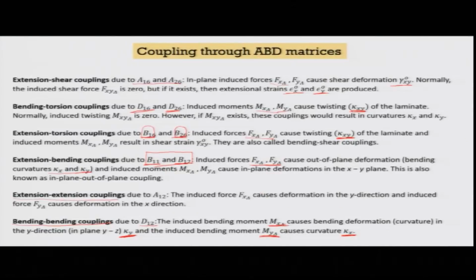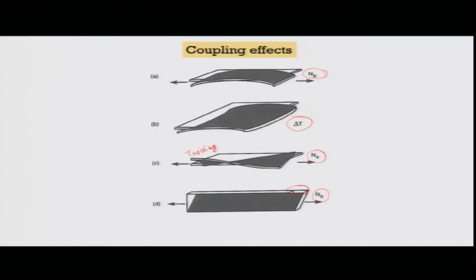It is happening because of the extension shear coupling that is present in the system, which is due to the terms A16 and A26. So, if you have non-zero A16 and A26, you are going to get this extension and shear coupling in this system. Thus we are having various systems in which, for example, this is extension bending coupling.